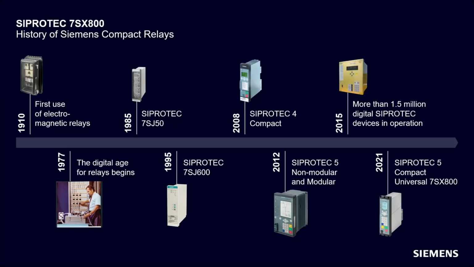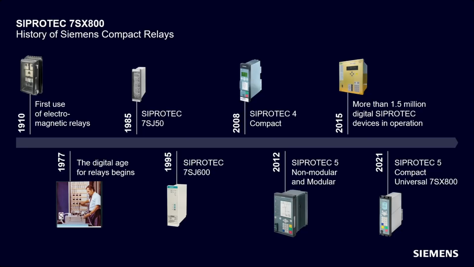In 1985, we introduced the 7SJ50, the first digital protection relay with our well-known compact design, with dip switches but without communication interfaces. Almost 10 years later, the successor 7SJ600 was launched with a communication interface and software settings via a first simple DIGSI version.